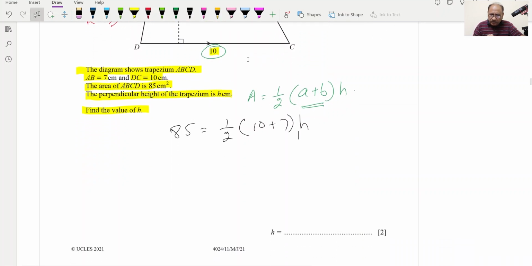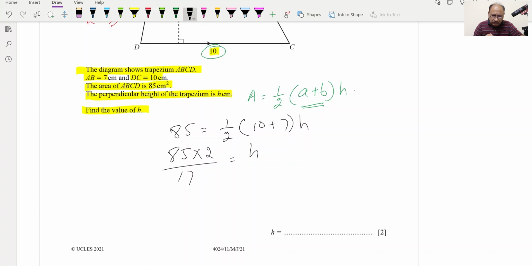This will be 85 multiplied by 2, we can shift this one, and this will be 10 plus 7, which is 17. So 17 will be here and this will be equal to h.